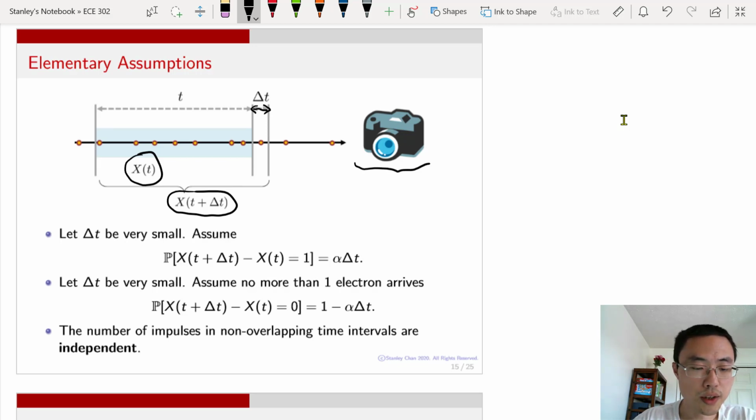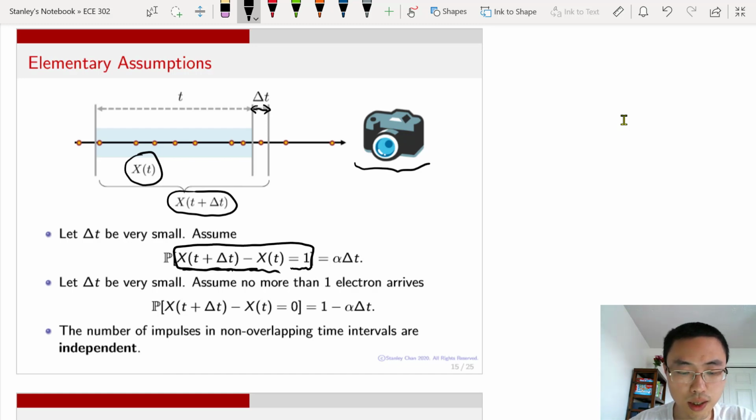The first one is that we let t be very, very small, and then we assume that the difference between x of t plus delta t and x of t equals 1. So the probability when you are getting one increment is linearly proportional to alpha times delta t, where alpha is the arrival rate.